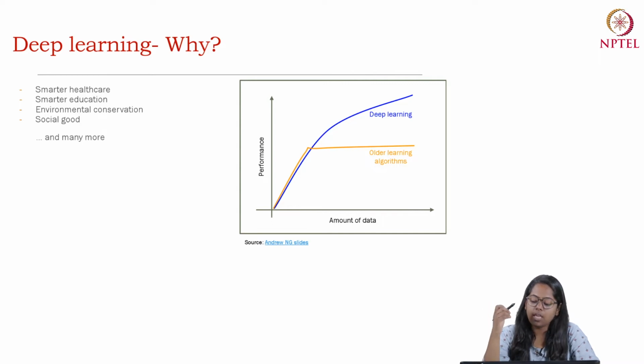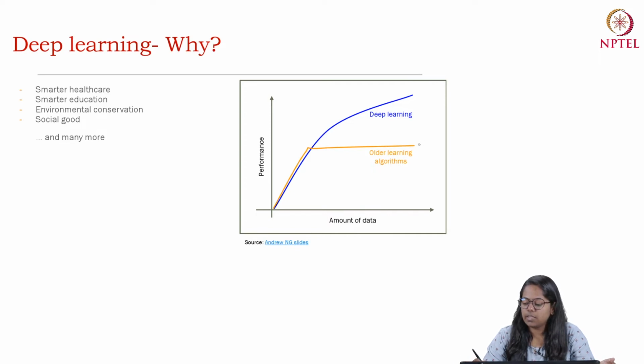But one more important thing that we must know is that the older algorithms of machine learning or other statistical methods often perform well, but after a particular amount of data is given to these algorithms, their performance plateaus. That is, even if we increase the data after a certain point, the performance does not increase much, right?